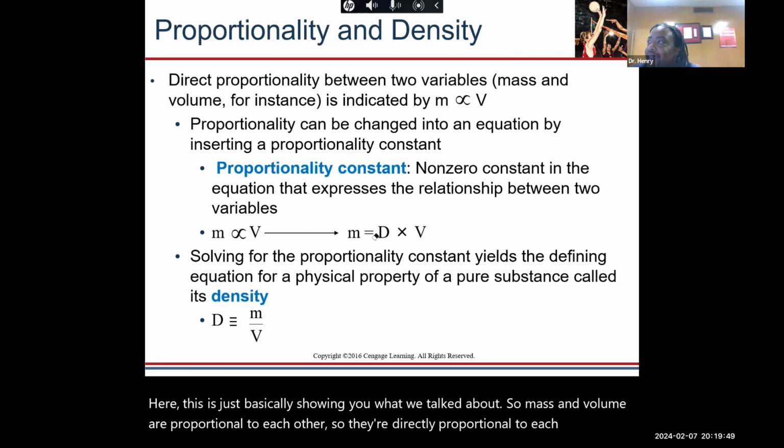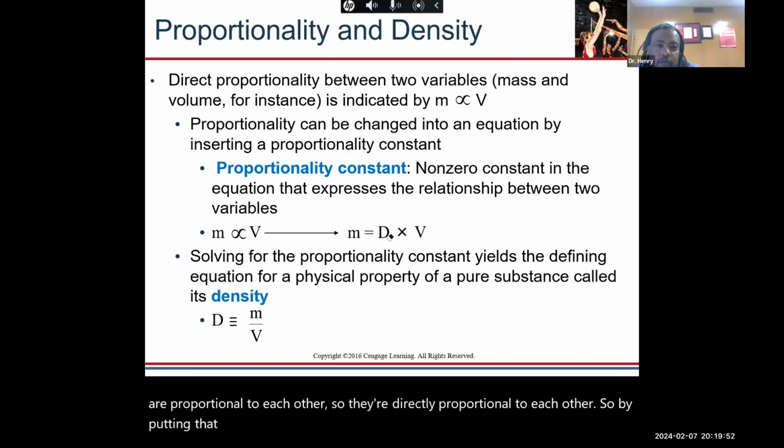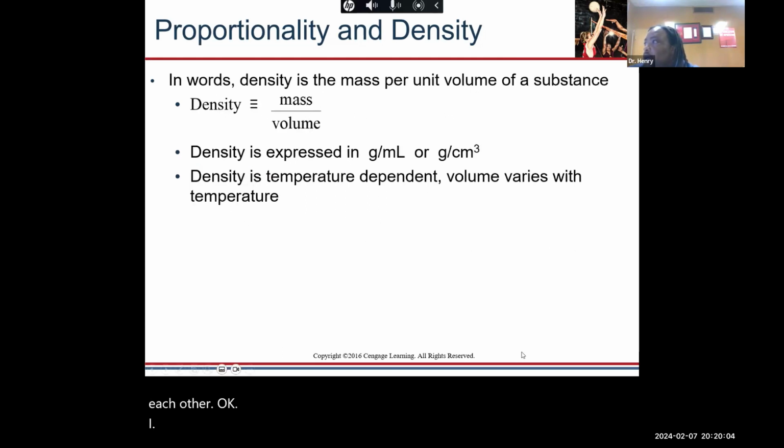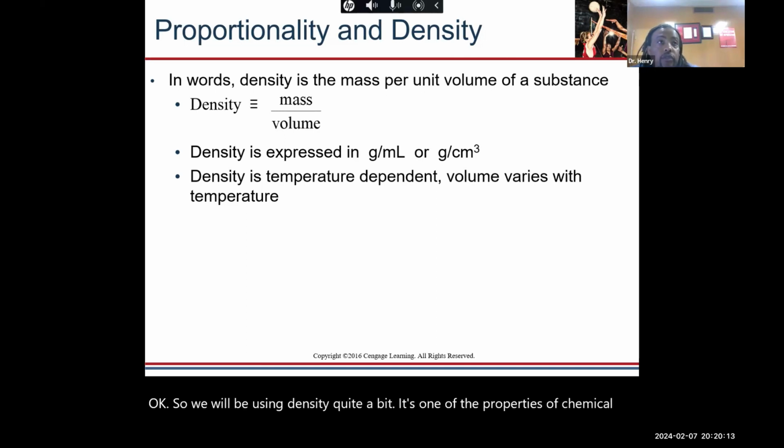So by putting that density, that constant there, we're able to say that they're equal to each other. Okay. So we will be using density quite a bit. It's one of the properties of chemical compounds or solutions or liquids.